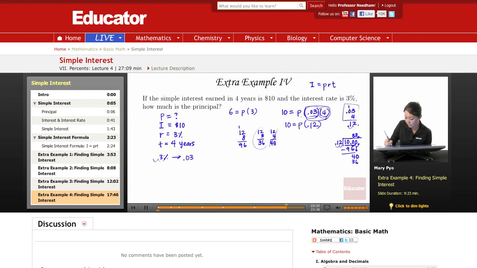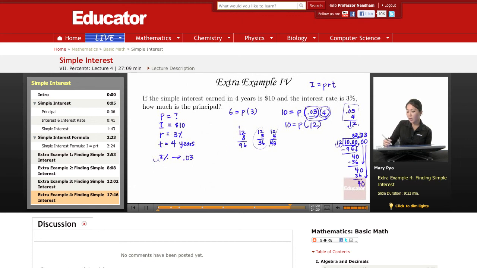That's 36. Subtract it. That's 4. If I subtract it, I can bring down a 0. And I can divide it again. So that's also 3. 36, 4. Look, it's a repeating number. 0, 3. Okay. Now, here I can stop.